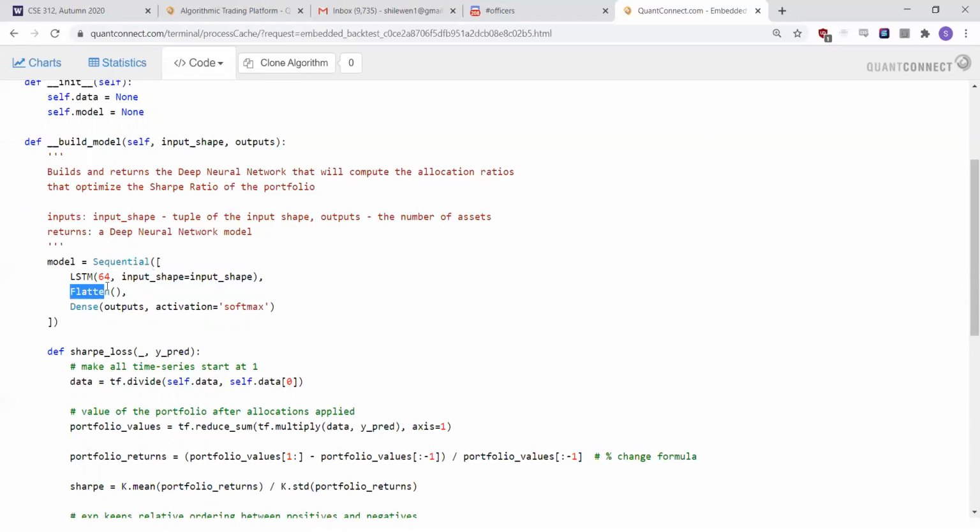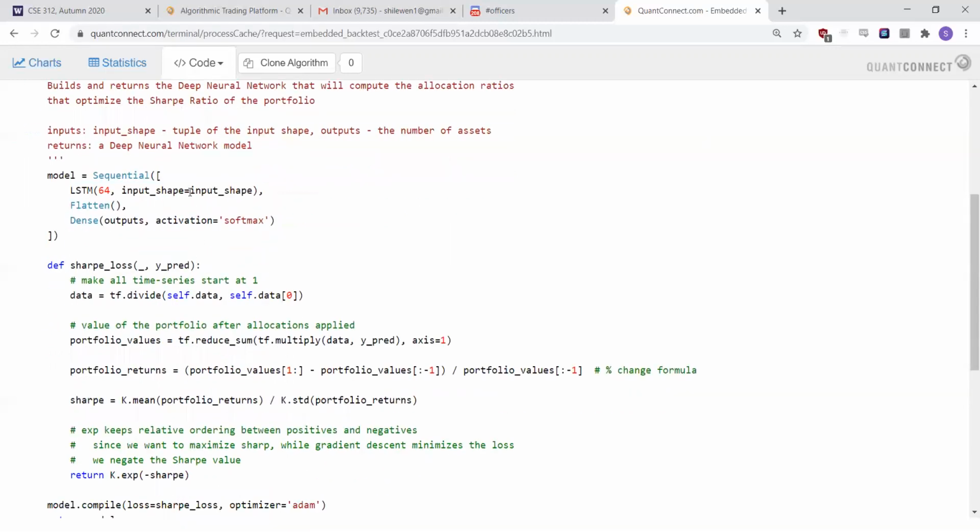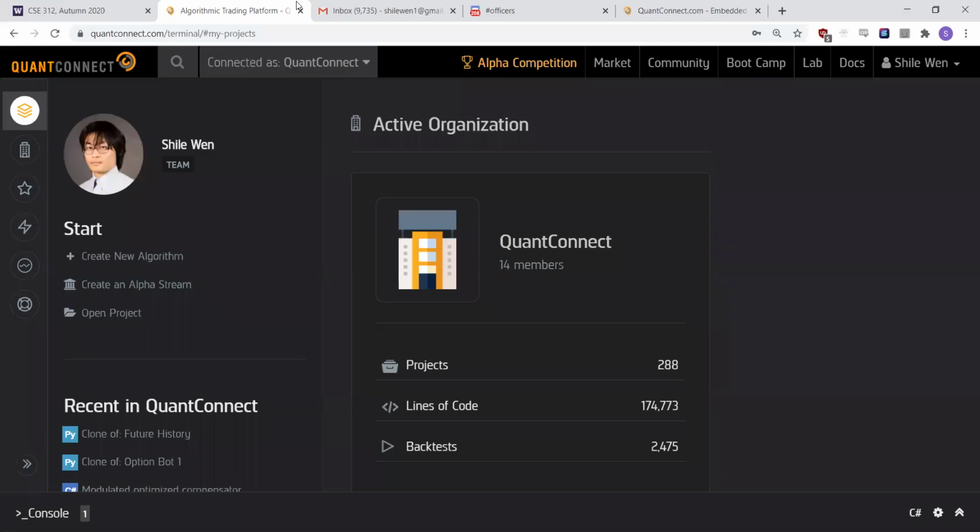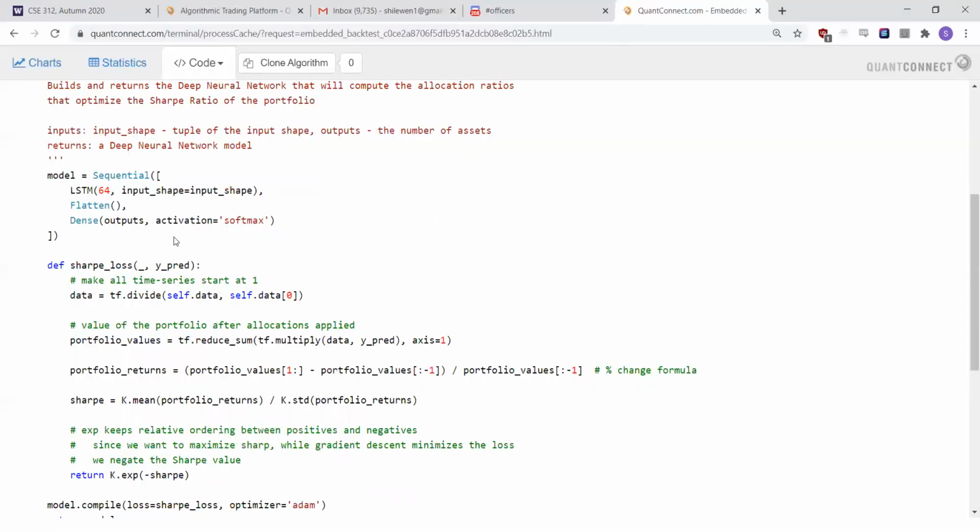Okay, so we flatten it. Our input shape is a 2-dimensional matrix. I'm not sure what the max is; I think you can put in high dimensional stuff, like x, y, and time, so you can do some crazy stuff.